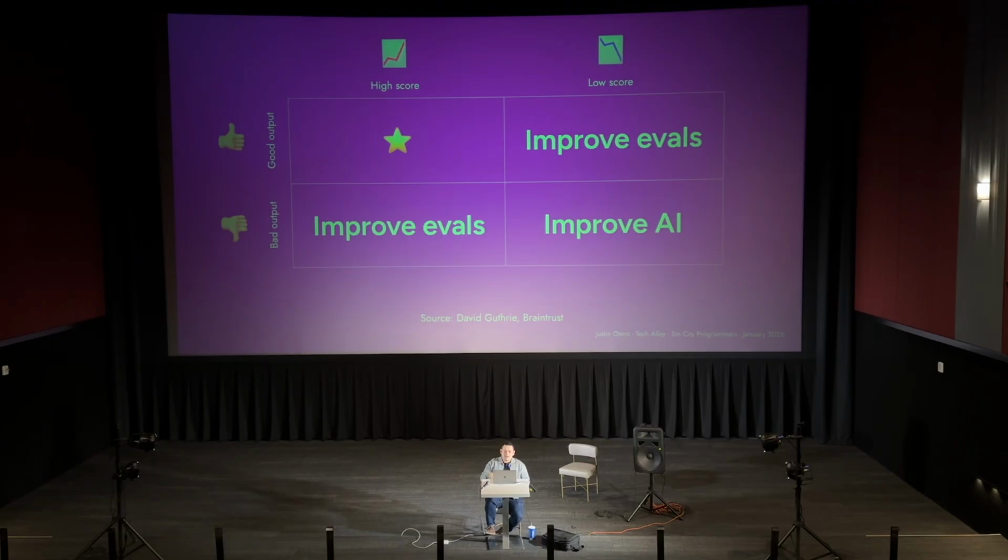If you had a bad output and a high score, again, your evals aren't good enough because you're getting a high score and you're getting crap. But at the point where low score as well as bad output, that's when you need to improve your AI, your prompt, your workflow, etc. So yeah, I think this is a really good litmus test of what do I need to adjust.